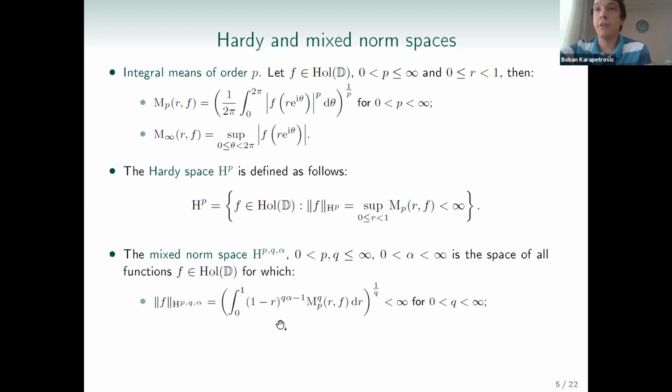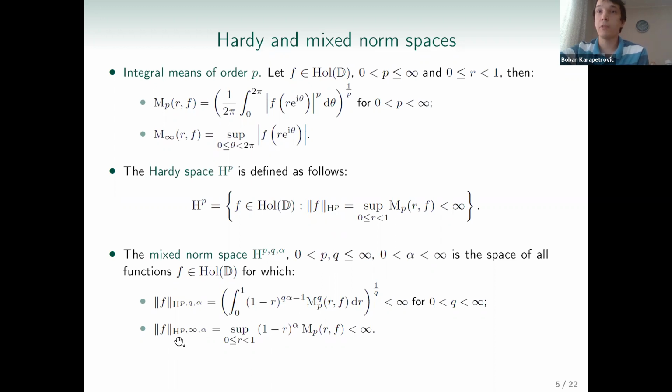So here under the integral, we have again integral means of order p to the q, and this weight (1 minus r) to the q times alpha minus 1. When q is equal to infinity, we have the norm given by this supremum. And if we allow alpha to be 0 here, we obtain the classic Hardy space norm.